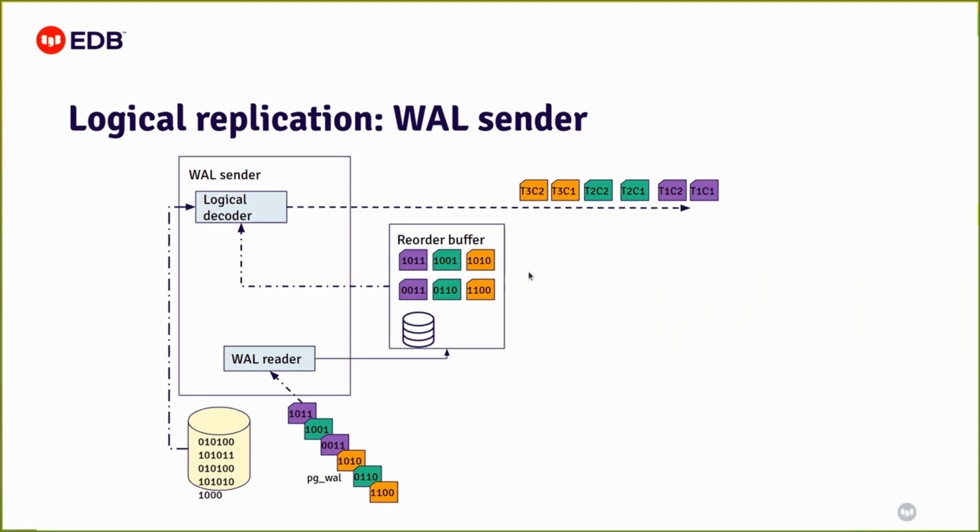As you might guess, this process of reordering requires memory. So these WAL records are maintained in memory. If the memory gets full, then these records overflow to the disk. And also the logical decoder has to access and maintain the snapshot. So the process of reordering and logical decoding is compute as well as disk IO heavy.